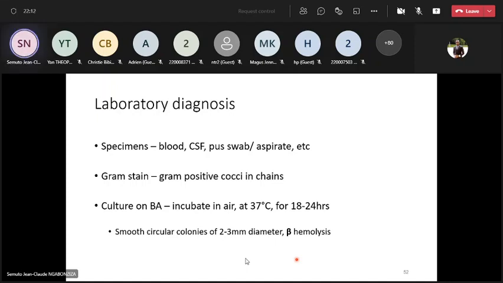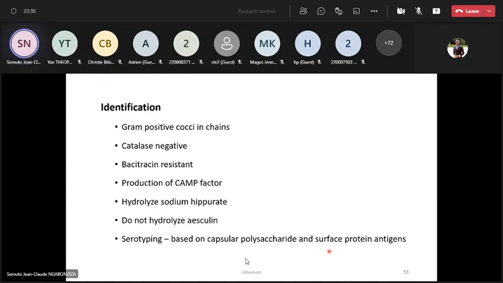As laboratory diagnosis for Streptococcus agalactiae, the specimen may be blood and so on, depending on the infected site. Gram-positive cocci in chains, and culture shows small circular colonies with beta hemolysis. They are bacitracin resistant.